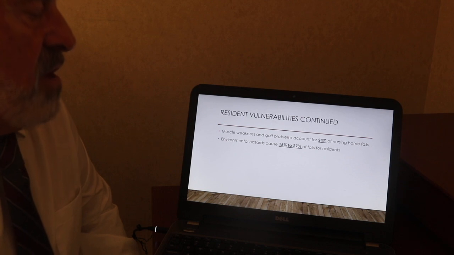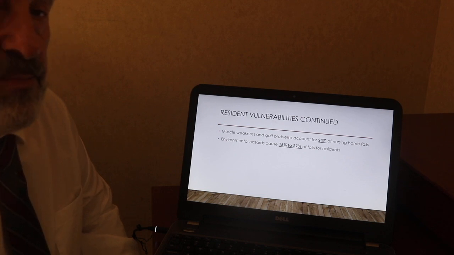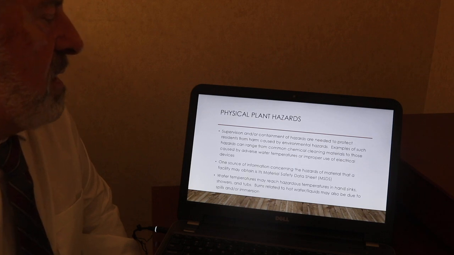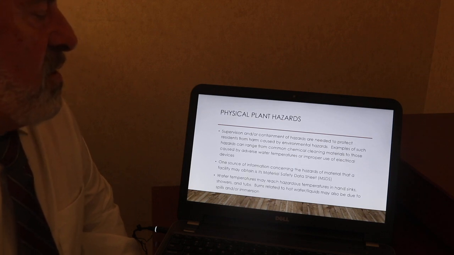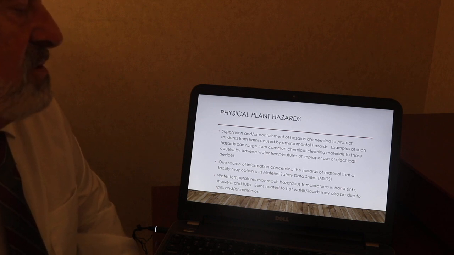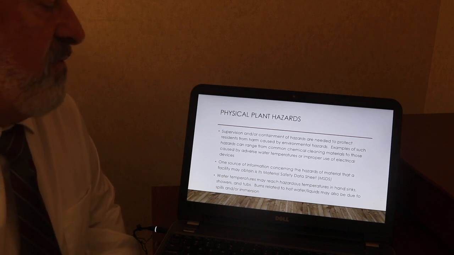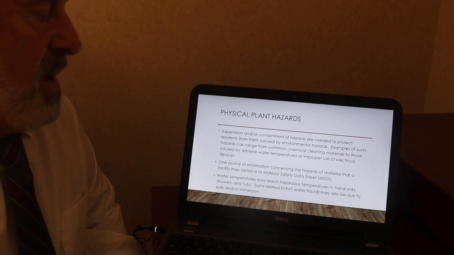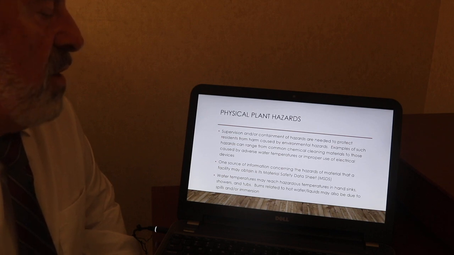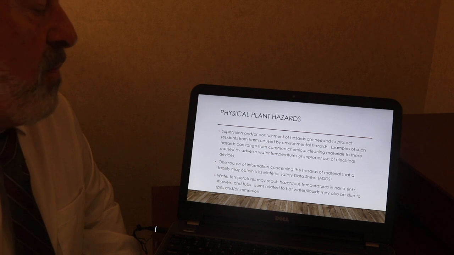Environmental hazards cause 16 to 27% of falls for residents. Physical plant hazards, supervision, and/or containment of hazards are needed to protect residents from harm caused by environmental hazards. Examples of such hazards can range from common chemical cleaning materials to those caused by adverse water temperatures or improper use of electrical devices.